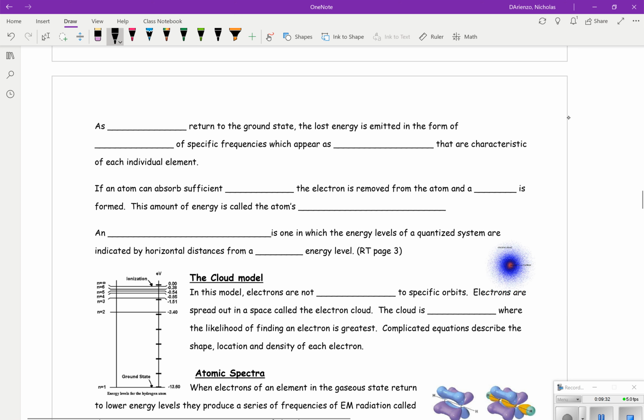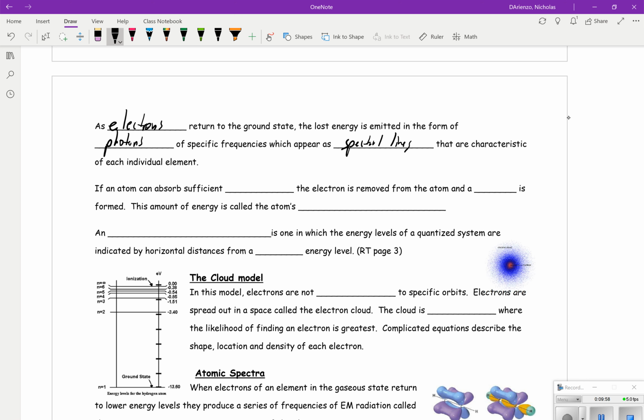And these energies are going to be different for each element based off of their varying electron configurations. Now, as electrons return to the ground state, they lose energy, and that energy is going to be emitted in the form of photons of specific frequencies, which are going to appear as spectral lines for that particular element.